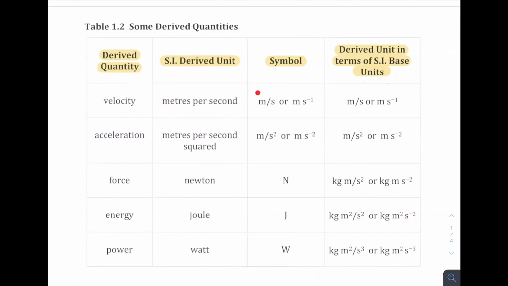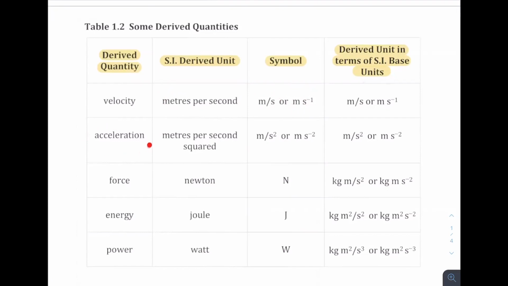The symbol is like this, or this index notation is preferred, where we use the negative power to indicate that the unit is in the denominator. So we get m s to the power of -1.